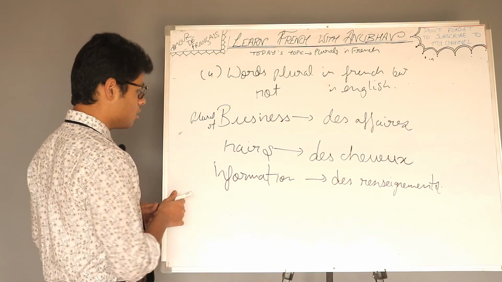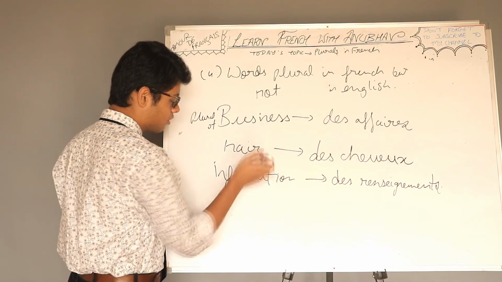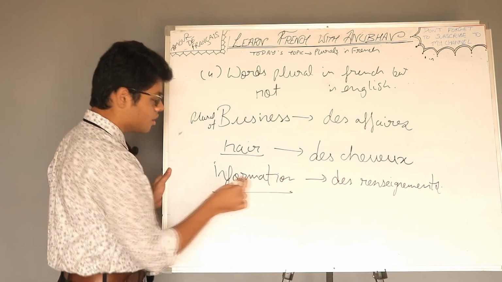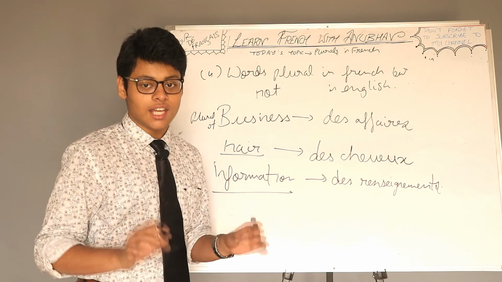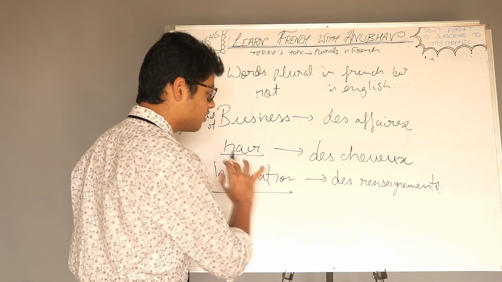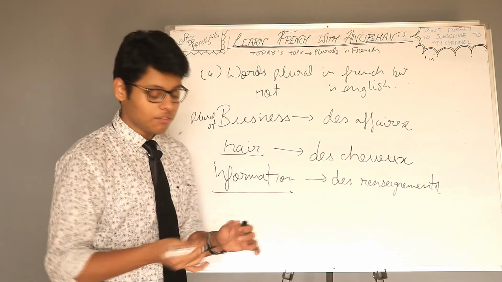Here also, it's only information in English, but in French, hair and information are not there. Hairs and informations are there. Des cheveux, plural, and des renseignements, also plural, no singular form.